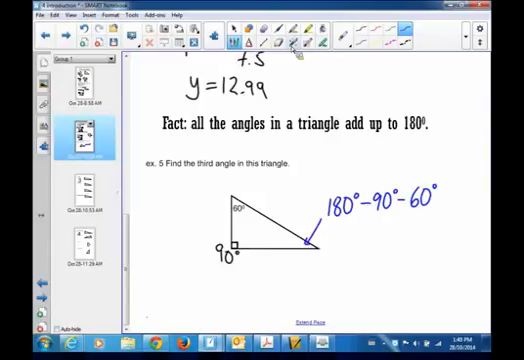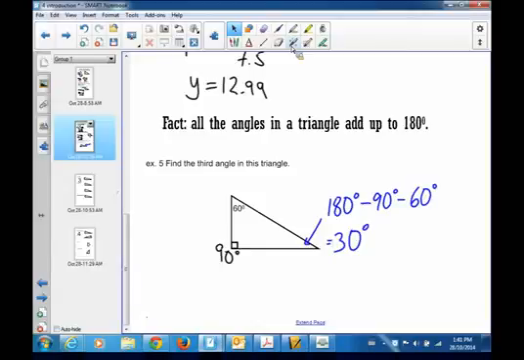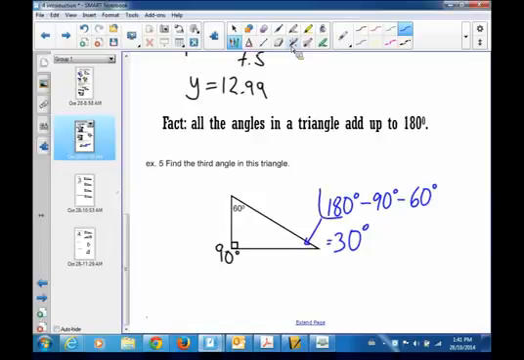For a right triangle, well, I'll just let you do it this way. 30 degrees. That's a 30-degree corner. Boxing the work there. 30 degrees is the answer.